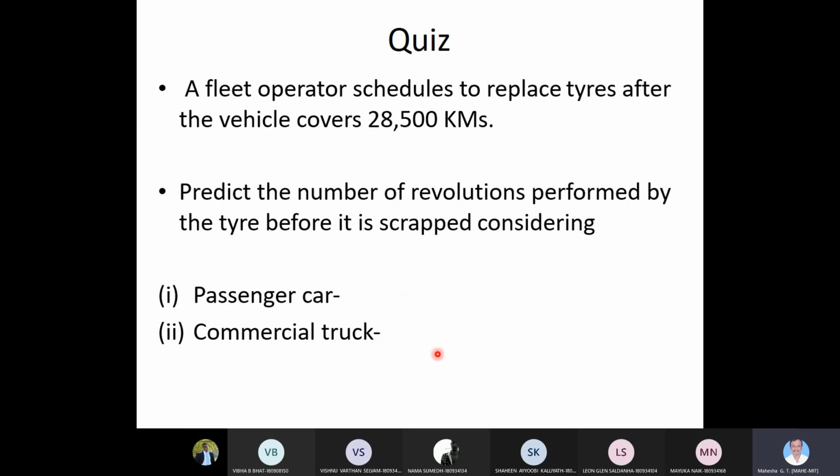Note down: diameter is 60 centimeter for the passenger car, and 1020 mm for the truck. Come up with the number of revolutions made by the tire before being scrapped. Is that data sufficient now?